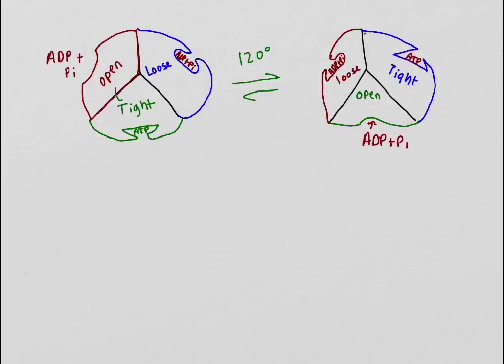Okay, so, and of course, what we can say there is that this ATP right here was released with, so there was 1 ATP made. Okay, and now then another 120-degree rotation, another 120-degree rotation. So for 360 degrees, we expect the synthesis of 3 ATP.